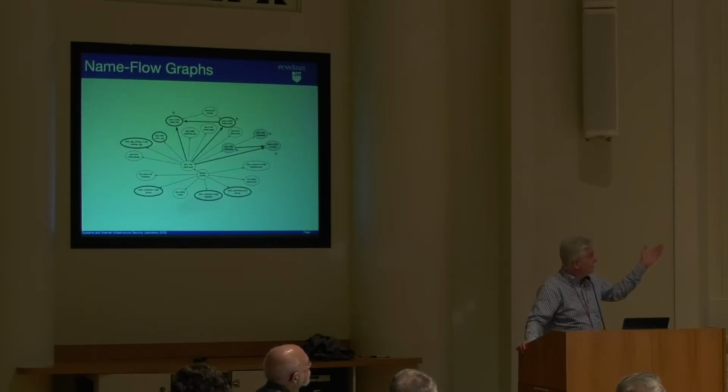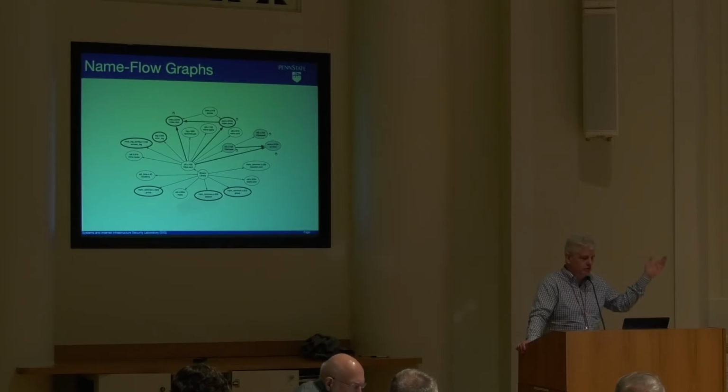So we built a representation of the flows. This is a graph showing library calls that the program makes. And each of these library calls may either receive input that's used to build a file name or may open a file.